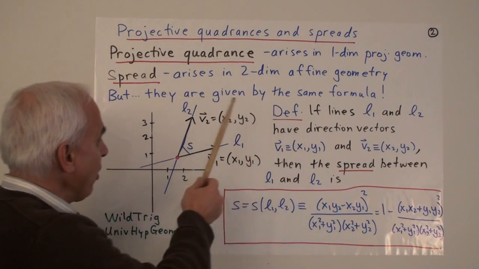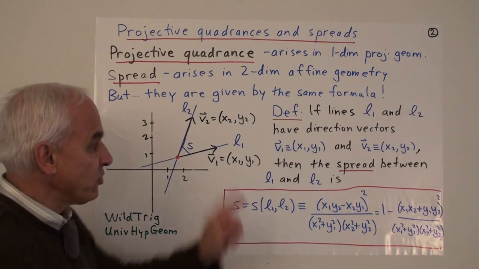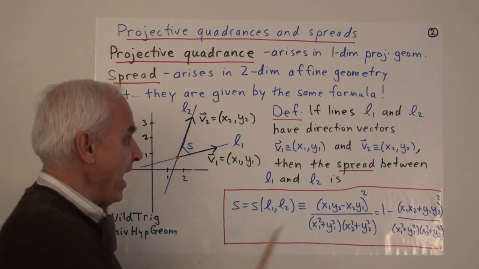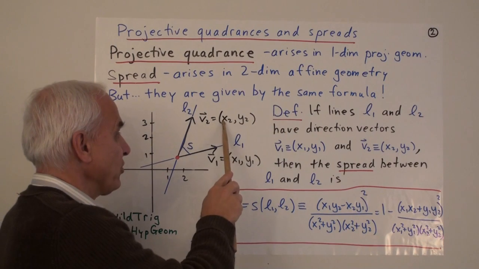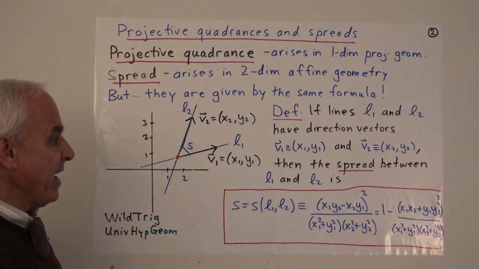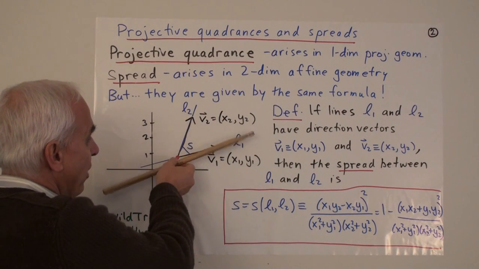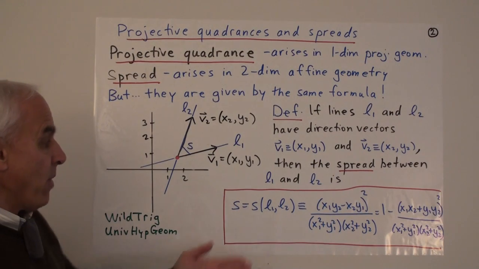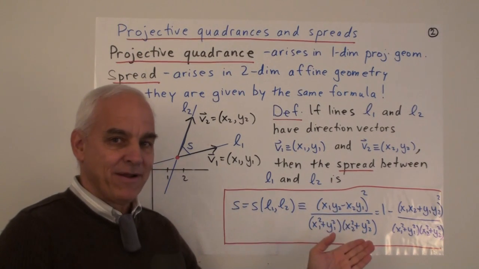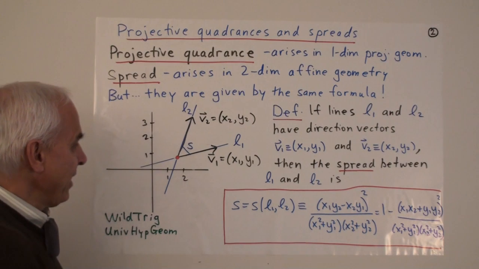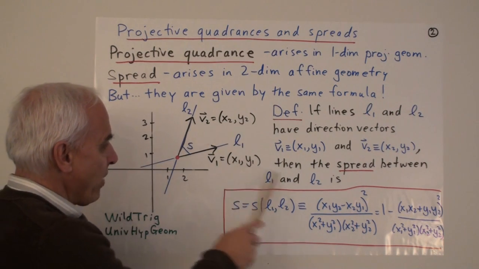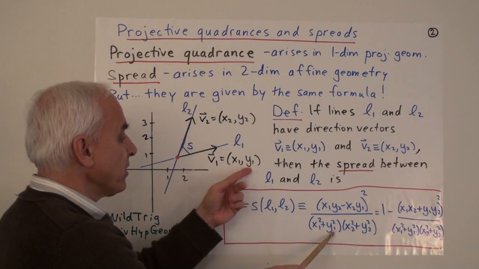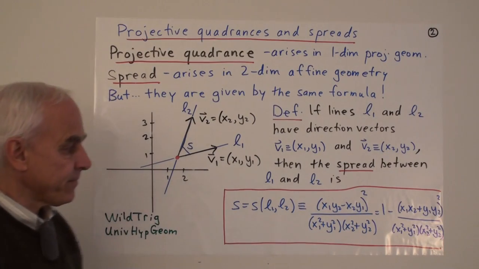So if lines L1 and L2 have direction vectors V1, which is the vector (x1, y1), and V2, which is the direction vector (x2, y2), then the spread between these two lines, L1 and L2, denoted by s, is given by exactly the same kind of formula that defines the projective quadrance: (x1 y2 minus x2 y1) squared in the numerator divided by (x1 squared plus y1 squared) times (x2 squared plus y2 squared).